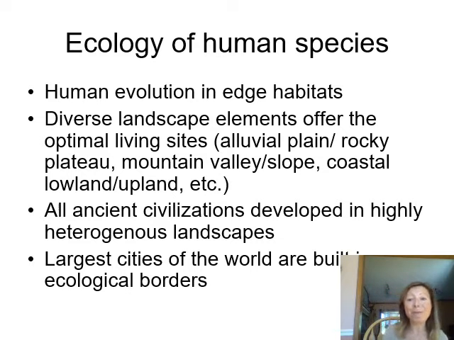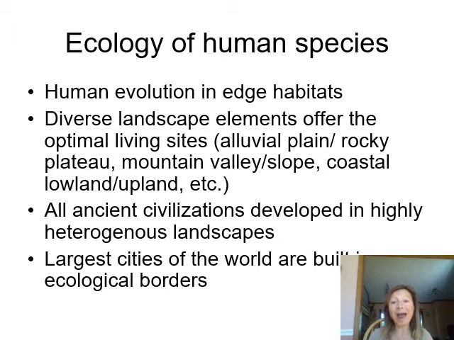We spoke before about interior species and edge species. If you think about the whole evolution of Homo sapiens and our ancestors, it's very clear that we have evolved as edge species, and even now we have a very strong preference for very diverse landscape elements.